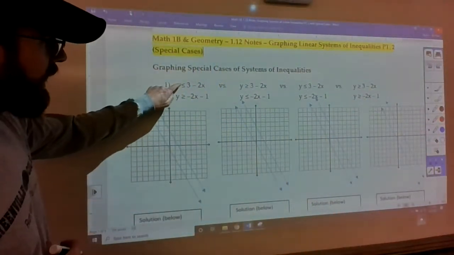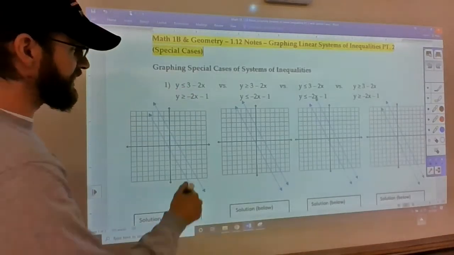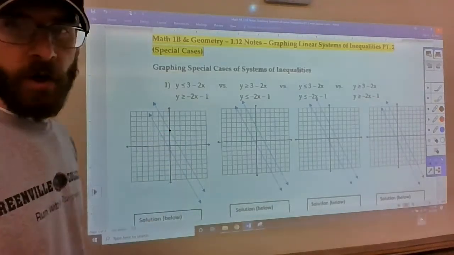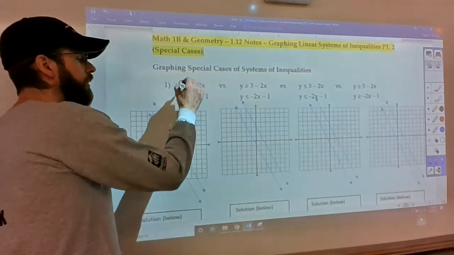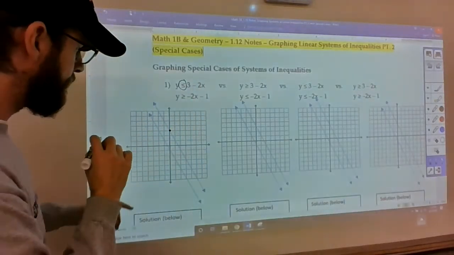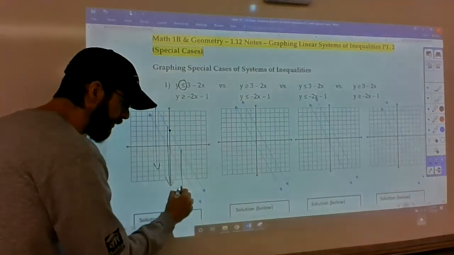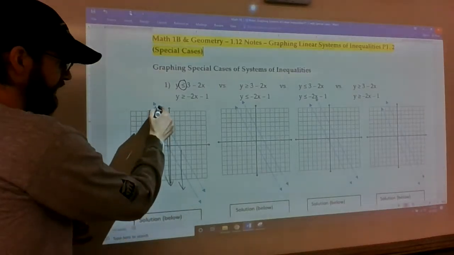So when you see y is less than or equal to 3 minus 2x, that's the same as having a starting point of 3 and going down 2, right 1. So when we look at this, we're thinking, okay, I'm shading below this line. Everything below this line, it's almost like less than that line too.